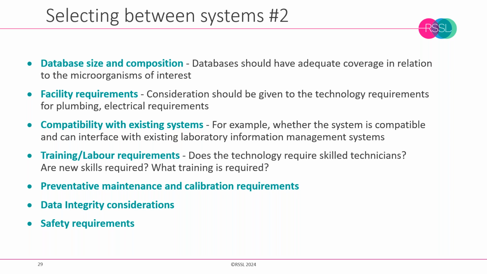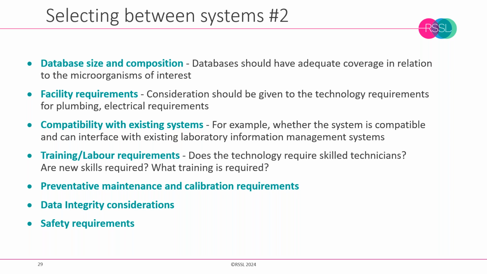We also need to consider facility requirements. So if we're introducing a new technology that is based on PCR, then we will probably need a separate laboratory and very strict entry controls in order to avoid the cross-contamination of our samples. So a genotypic PCR method might just be completely impractical.